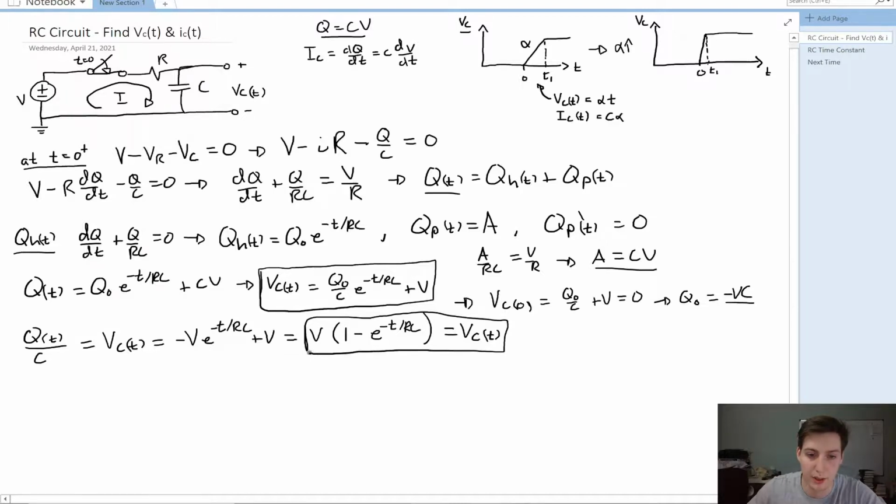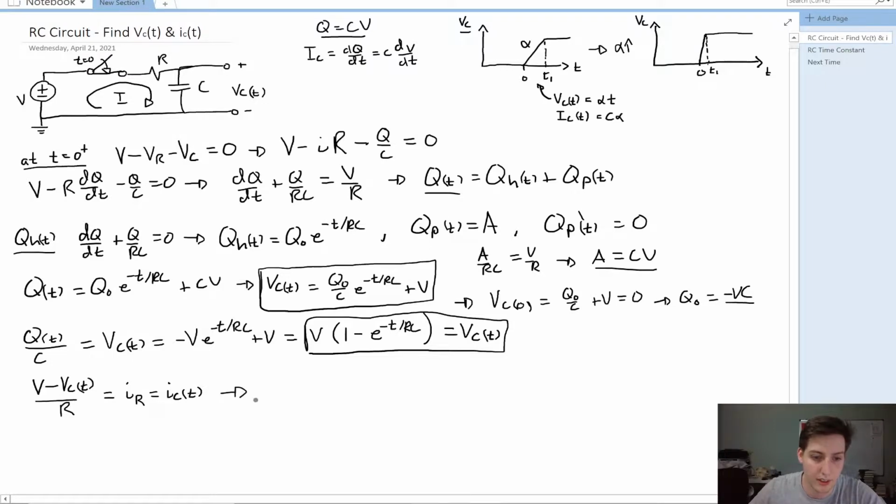So now using Ohm's law, we can see what the current is, and we know that the current over the resistor is going to be the same as the displacement current for the capacitor. So we can use Ohm's law to say that (V minus V_C of t) over R is equal to the current going through the resistor, and that is equal to the displacement current of the capacitor.